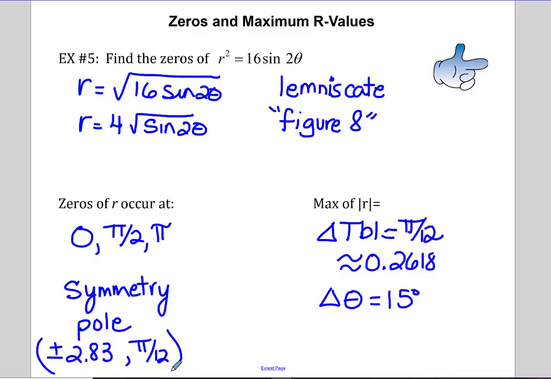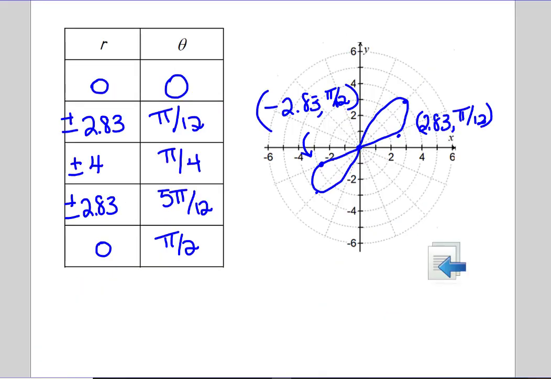So we had that symmetry test. And the maximum value happened at 45 degrees, where we went out either 4 positive or 4 negative. So that's called a figure 8 or a lemniscate.